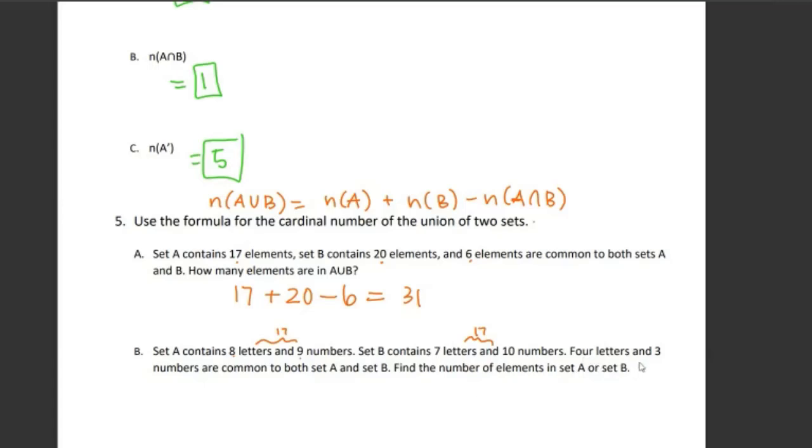And then there are 4 letters and 3 numbers common to both, which is 7 elements. So if we use our formula, we have 17 plus 17 minus 7 gives us 27 elements. And that is all that we are going to look at today.